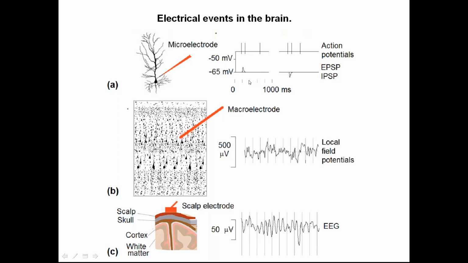And when they reach other neurons, they generate currents, also seen as potentials, which are called excitatory or inhibitory postsynaptic potentials, depending on whether the synapse is excitatory or inhibitory. As you know, in the brain, excitation and inhibition must both be present and must be balanced.